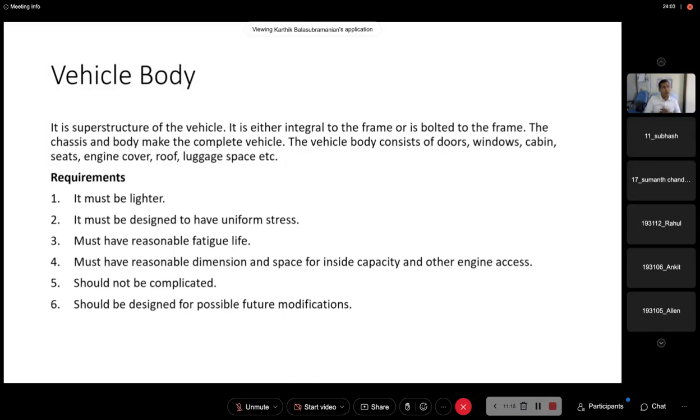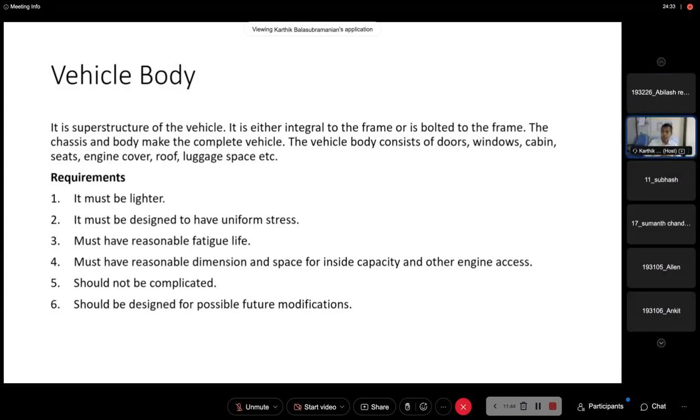Should it be stiff or flexible? It should be light in weight. What about the stiffness? Should the stiffness be higher or lower? High stiffness. Why?